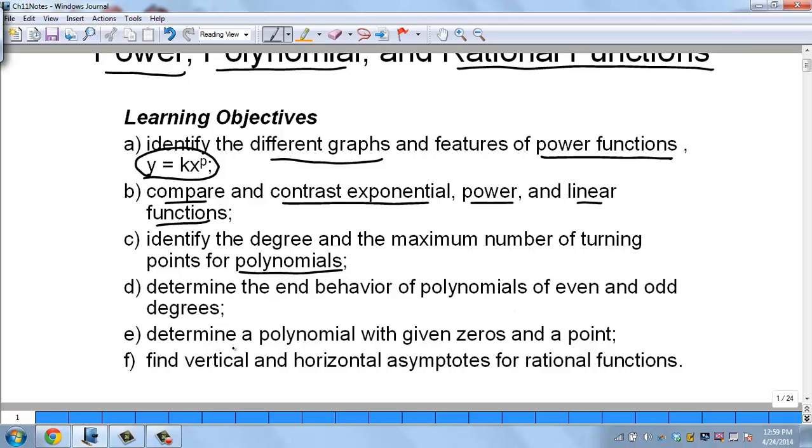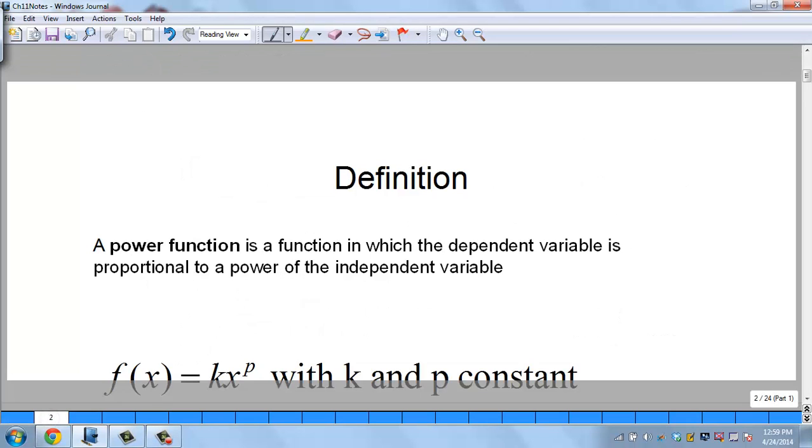And then we're going to determine a polynomial with given zeros and a point. And we're going to find vertical and horizontal asymptotes for rational functions. So that would be the last video for the rational functions. So I'm going to do power for this video with a little bit of polynomial. I'll do another polynomial, and then I'll do rational functions for the last video.